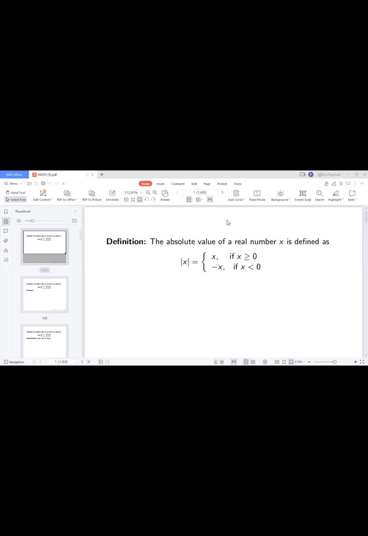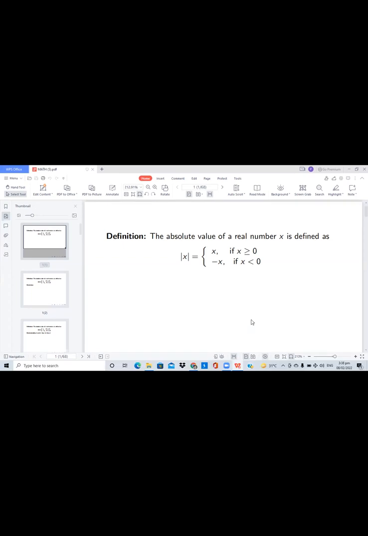It's the way you obtain the value of the absolute value. But more precisely or formally, we use a piecewise function or split function to define the absolute value of a real number x, as shown there on the screen. We use this symbol to denote the absolute value of a real number x.